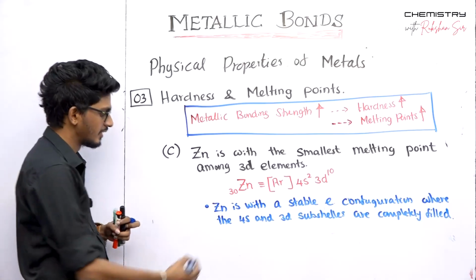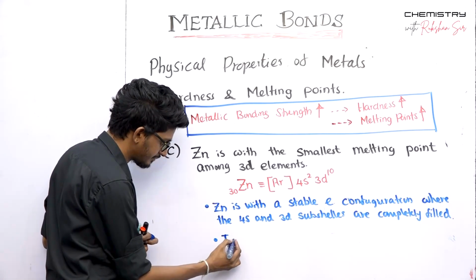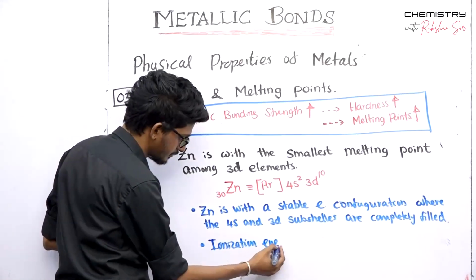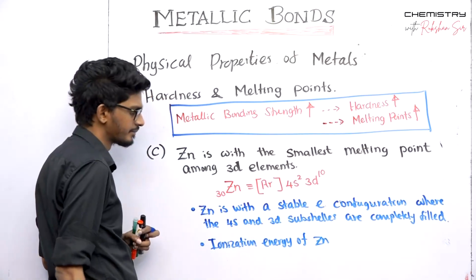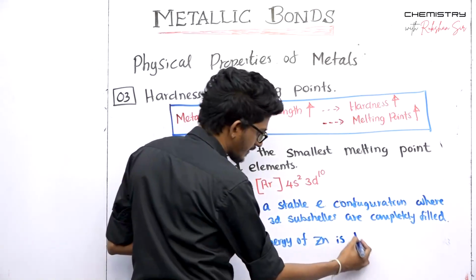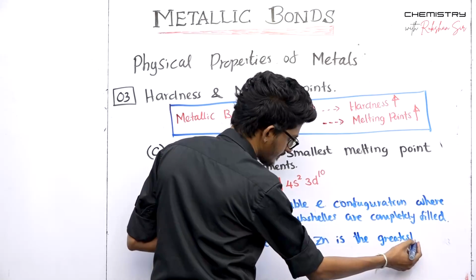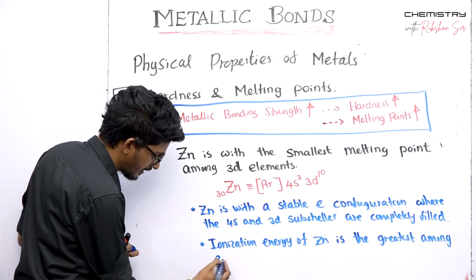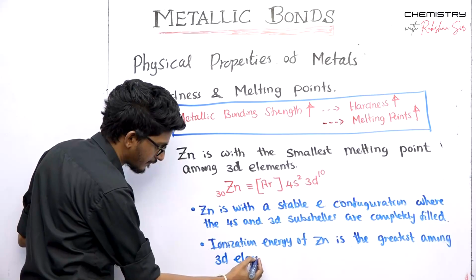So we can say the ionic nature matters here. The ionization energy of zinc is the greatest among 3d row elements.